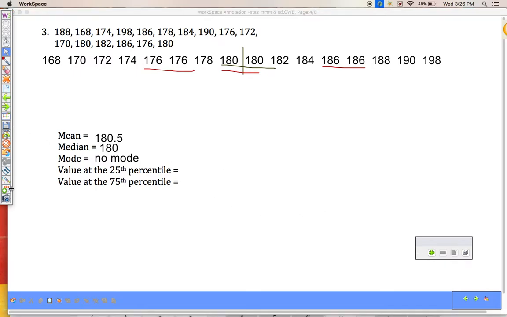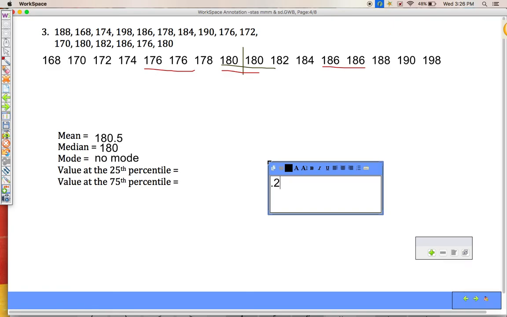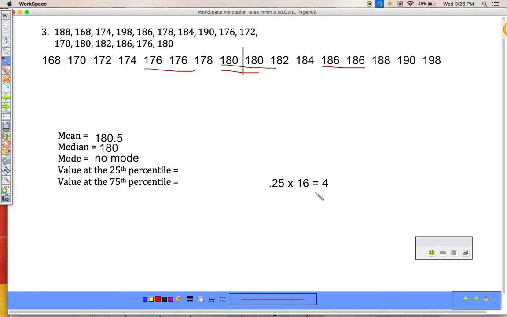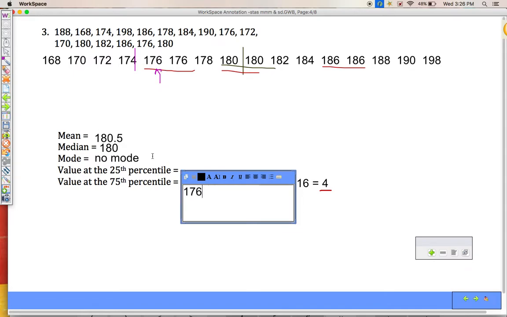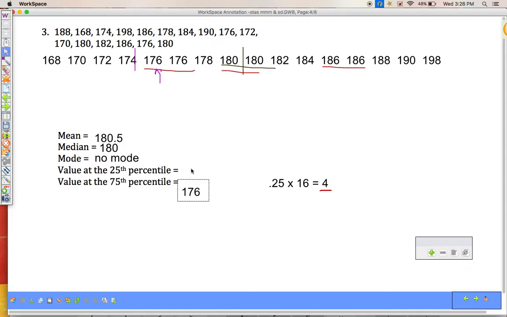All right, value at the 25th percentile. To find what term, I'm going to do 0.25 times my 16 terms, which is going to be 4. So I want the term that has 4 terms below it. So I'm going to go 1, 2, 3, 4. There's my break. And then my next one is 176. That first 176 has 4 terms below it, which is 25% of the data.